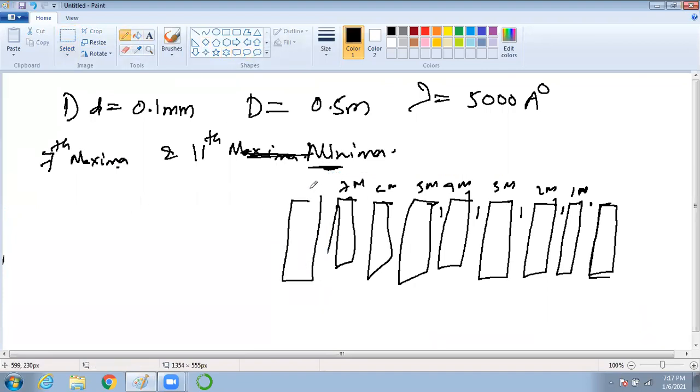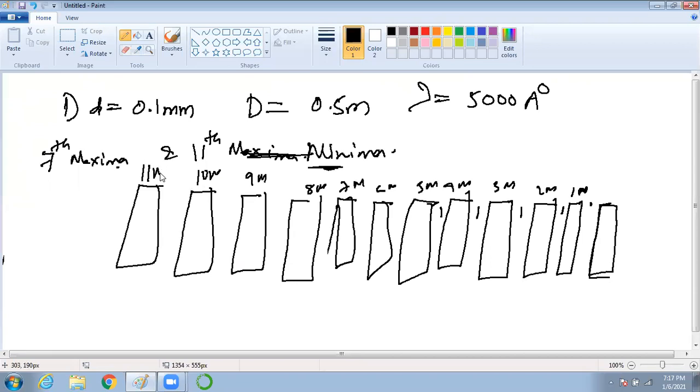This is the eighth, ninth, 10th, 11th minima. So this is 1, 2, 3, 4, 5, 6, 7, 8, 9, 10, 11. So I have to find the distance between this and this. Clear? Able to understand?